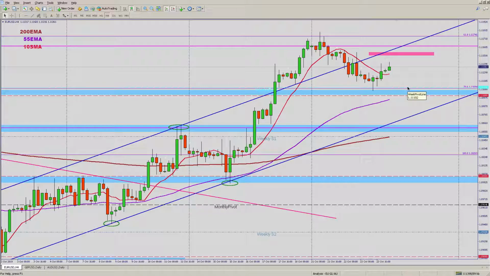Support is still around the weekly pivot at 111.10, along with a rising 55 period EMA. If this support zone is broken, then it could target the lower channel trend line.